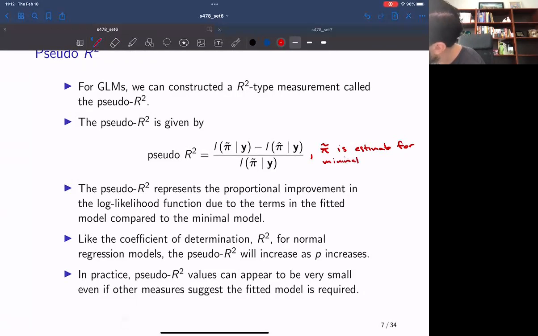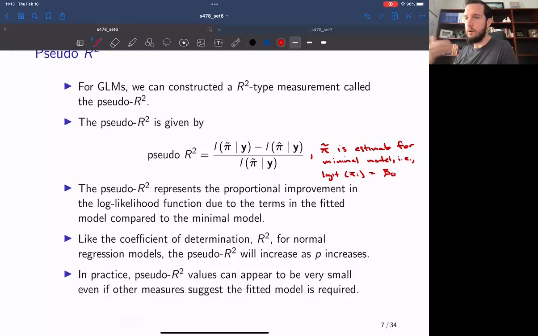When I say the minimal model, what I mean is the model logit pi i equal to beta 0. So the minimal model is the model with no explanatory variables in it, just logit equal to a constant. And pi hat is going to be the estimate from the model of interest, whatever model we're exploring. Okay.